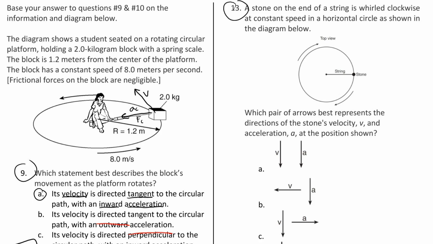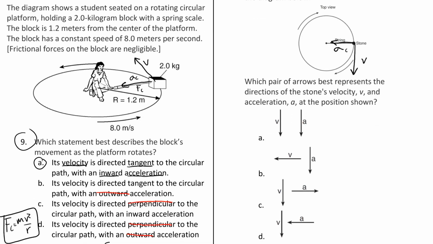At the instant shown, the velocity vector points tangent to the circle in the direction of the motion. So we would expect a velocity vector pointing down. And the acceleration always acts towards the center of the circle. So we would expect an acceleration pointing to the left.